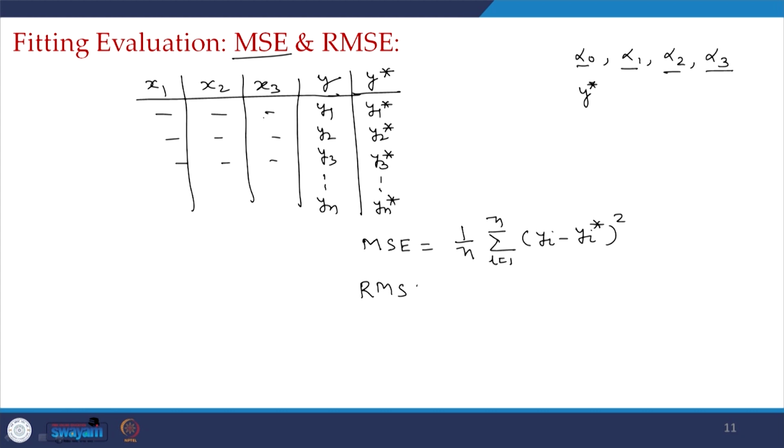More formally we use root mean square error, which is again 1 upon n, sum over i equals 1 to n of the actual value minus the predicted value squared, and you take the square root of this. So, this is root mean square error. So, we can use any of these measures to find out the error in the fitting.